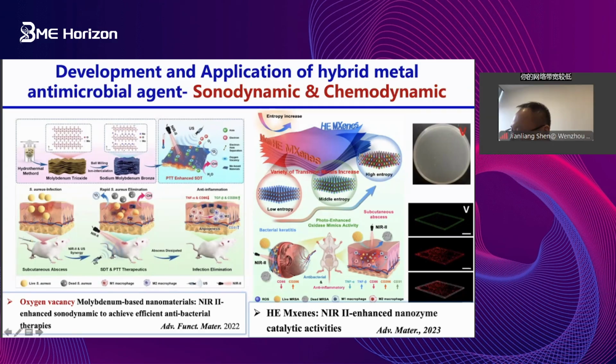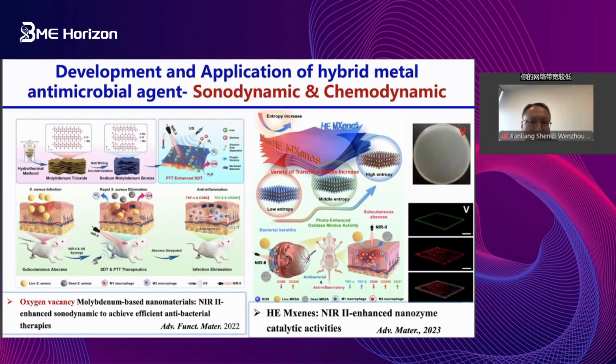Actually, we use the idea from other research fields. They use MXene to generate reactive oxygen species to degrade some organic pollutants. So we moved this MXene material to our biomedical application.